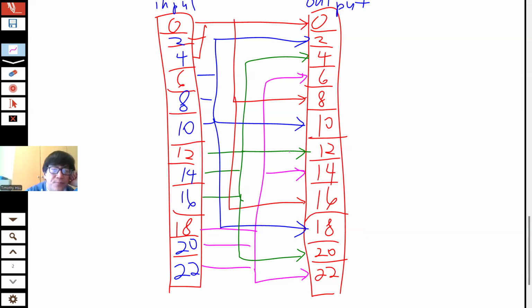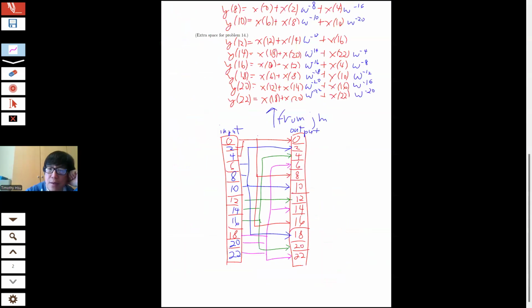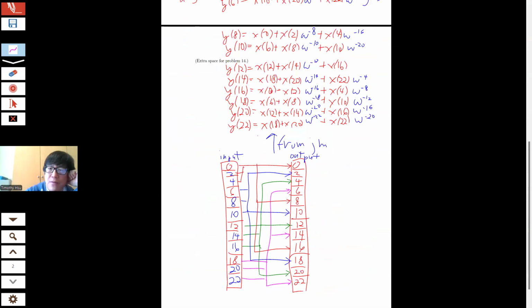And now if I pull back and compare the diagram and the equations. So, for example, y of 16.